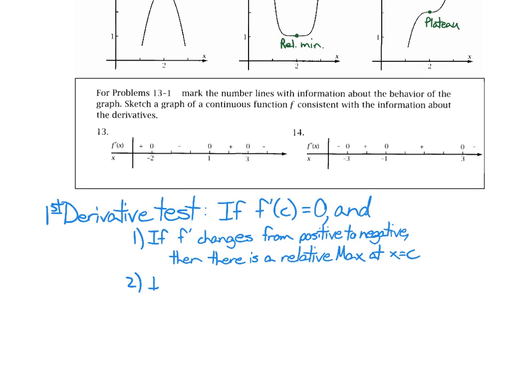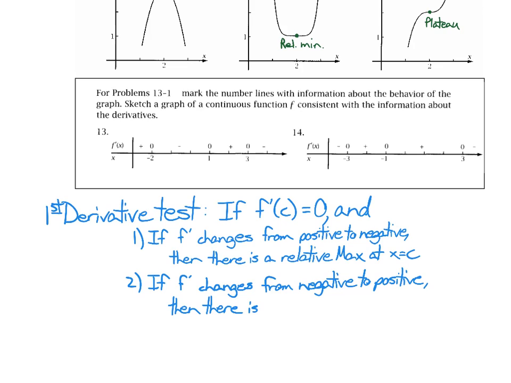Secondly, if f prime changes from negative to positive, then there is a relative min at x equals c. Okay?